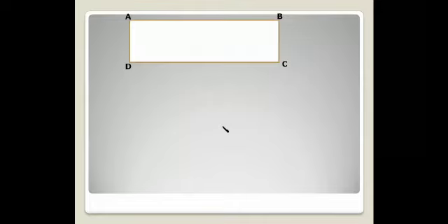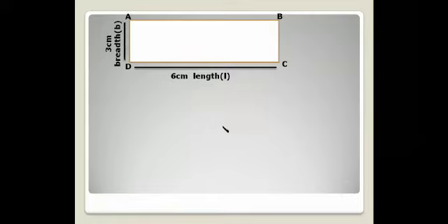Now here we'll solve the problem. Now this is a rectangle field where we have named it ABCD. Okay, now you'll find the area of it. Now the length of the field is 6 centimeters and breadth is 3 centimeters.